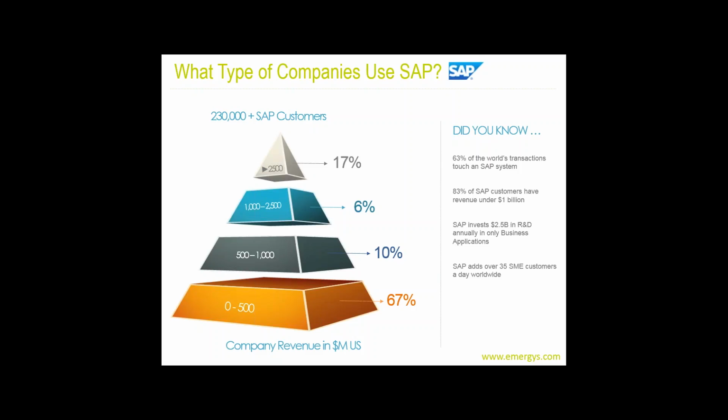It's really being utilized more by the small and medium-sized businesses than anybody else. So that's the graphic. And the other point that I think speaks volumes about SAP is the third statement on the right, which is the amount of money that SAP reinvests into the software every year. It's in the neighborhood of $2.5 billion.